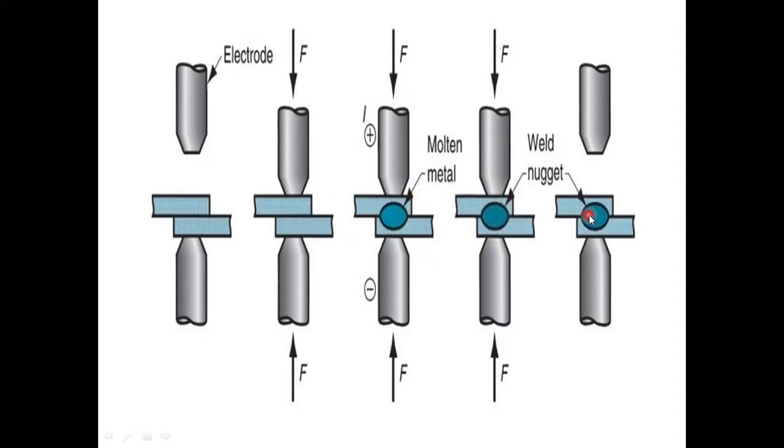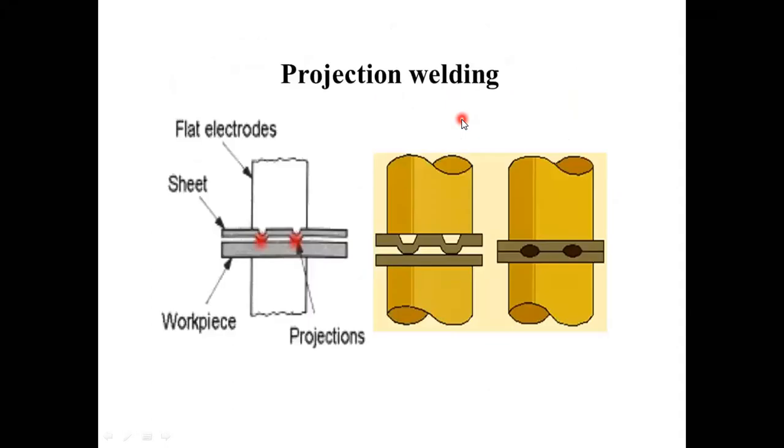Then it joins, we release it, the electrode stops giving electricity, and it is joined. In this way we can do all about spot welding.